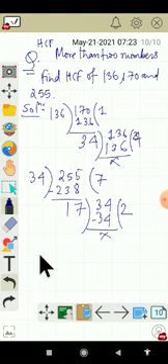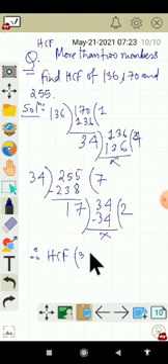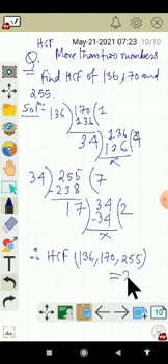So the HCF of 136, 170 and 255 is equal to 17.